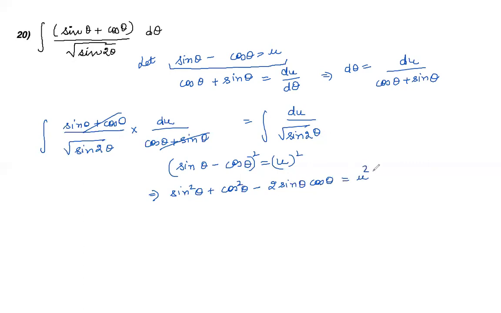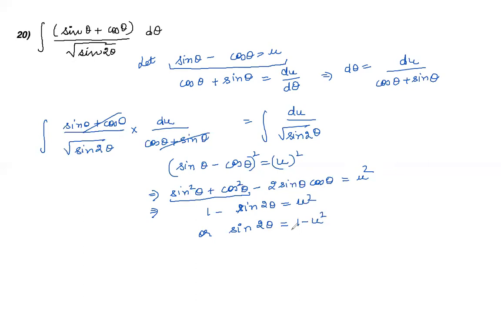This is equal to u square. Also, we know sine square theta plus cos square theta is equal to 1. That means 1 minus, this would change into sine 2 theta, right? So I can write it directly, 1 minus sine 2 theta is equal to u square. Or finally, I can say that the value of sine 2 theta is equal to 1 minus u square.